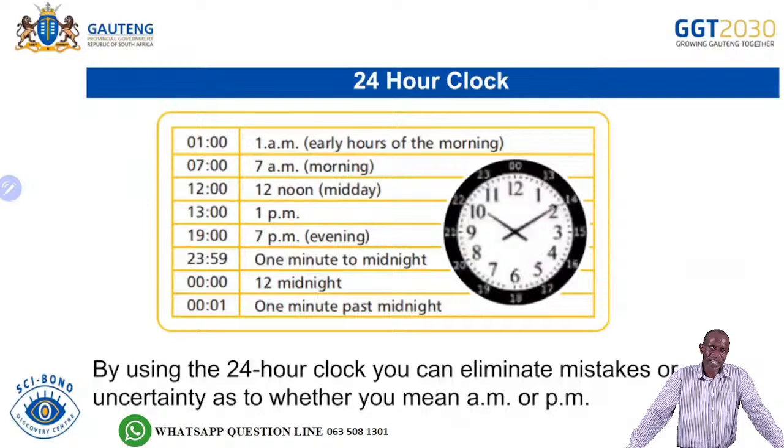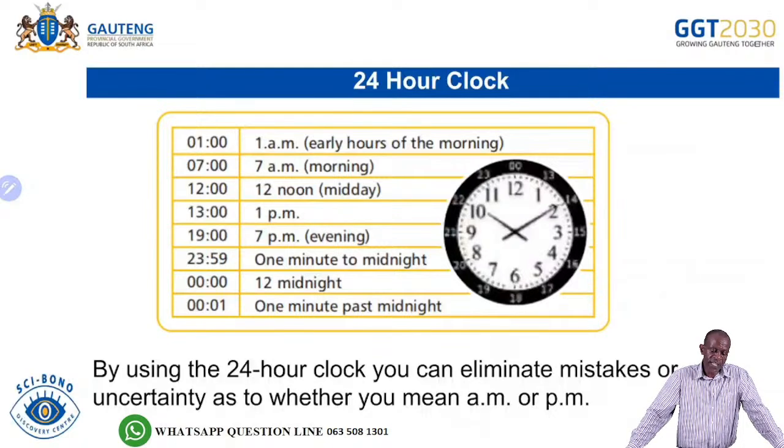We have only one 7:00. That is 7 in the morning. And if you have to translate this to the evening, it will be 19:00. 12 is only midday, and at midnight it's 00 hours. So midnight is the start of the new day.